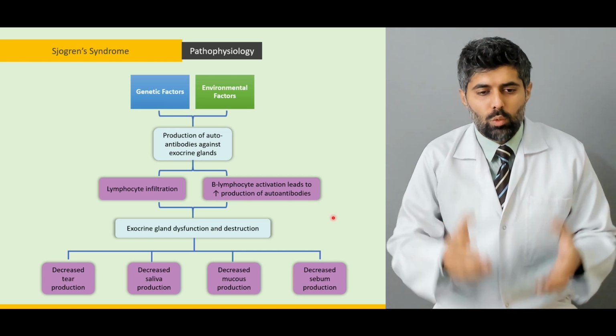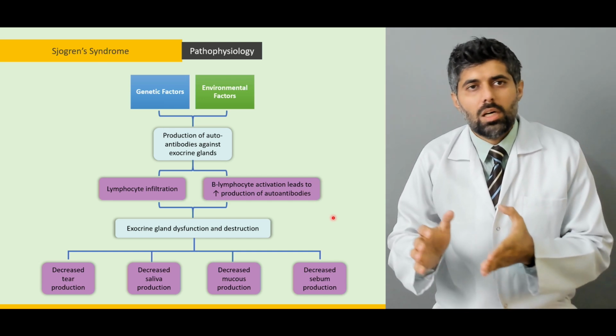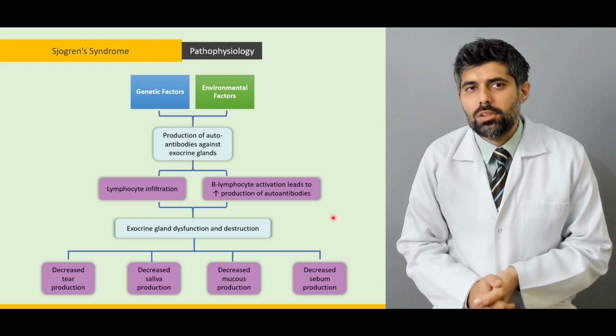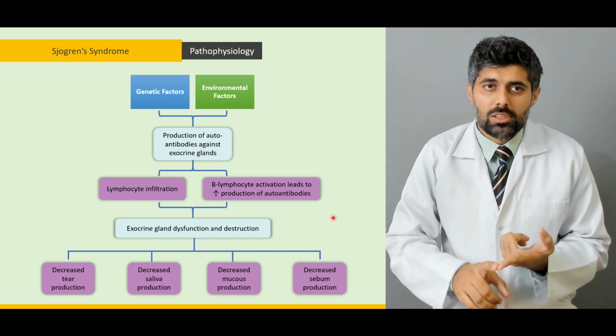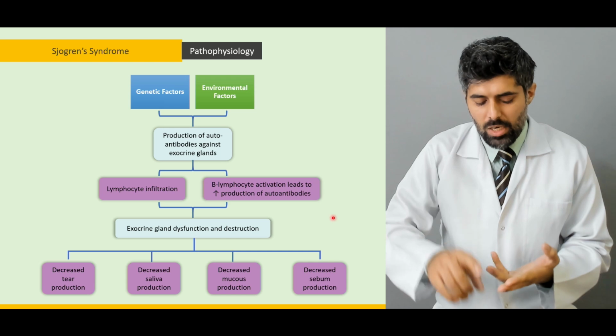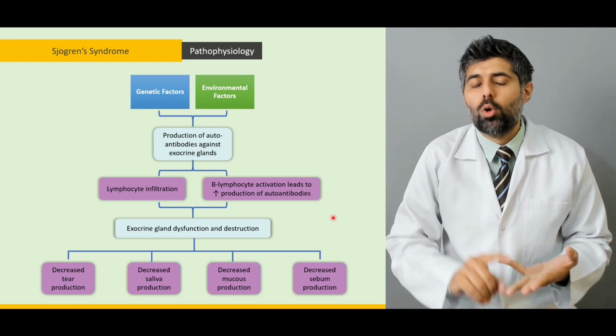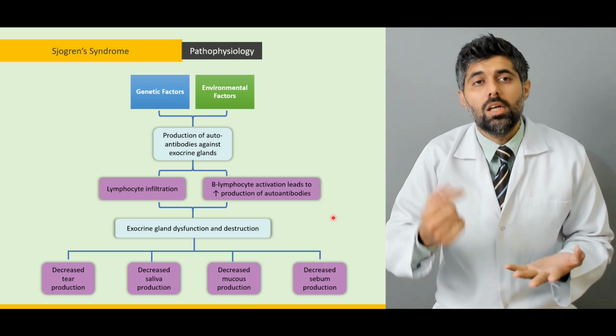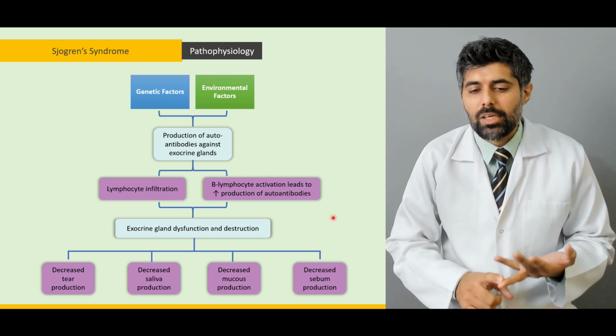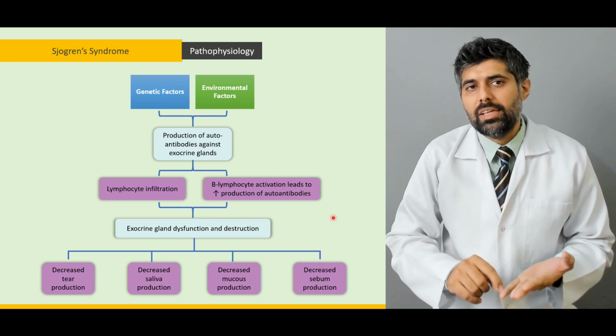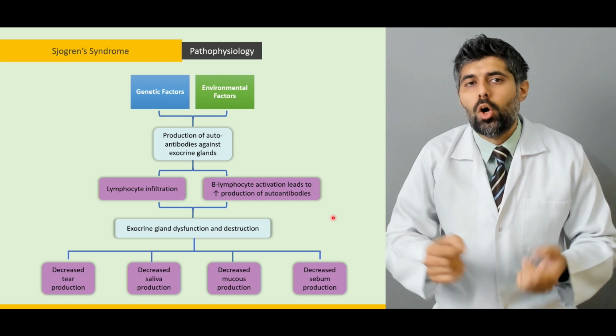So whenever there is an exocrine gland dysfunction, we have reduced tears, we have reduced saliva, we have reduced mucus production inside the mucous membrane of the oral cavity along with the pharyngeal and laryngeal cavity, and there is decreased sebum secretion on the skin.